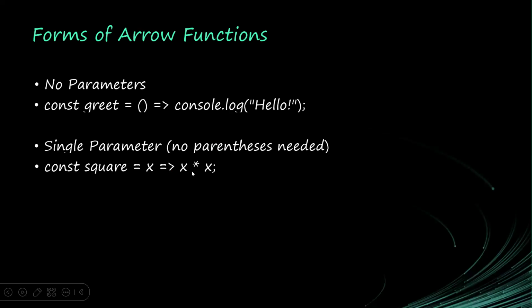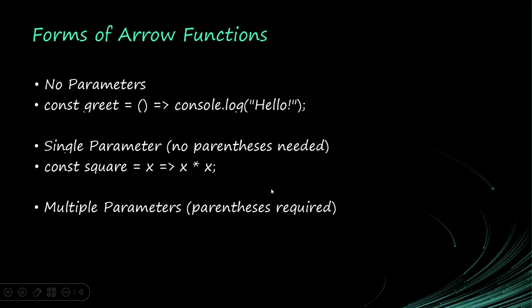If your arrow function only contains one parameter, you can remove the parentheses. But please, I prefer to always use parentheses. It makes my code clearer and easier to read. For multiple parameters, parentheses are needed. Whether I'm using a single parameter or not, I always like to use parentheses.